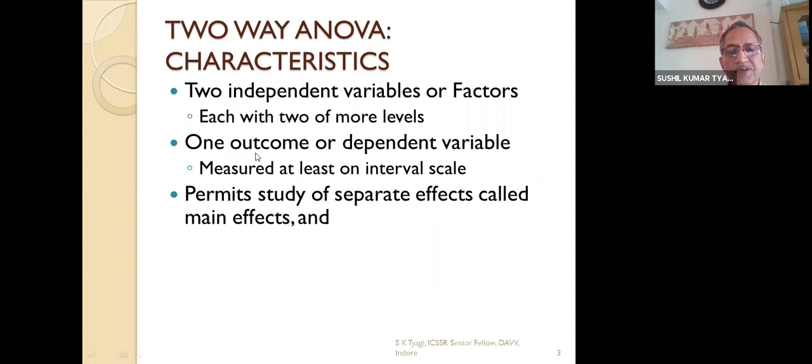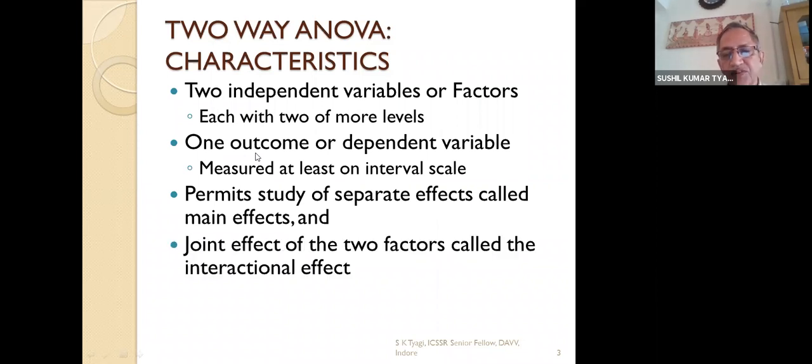Two-way ANOVA not only permits study of the separate effects, meaning the effect of each factor, but also the joint effect of the two factors, called the interactional effect. So apart from the effect of main factors, the effect of residence on creativity and the effect of gender on creativity, we have another new concept, which is the joint effect of gender and residence on creativity.